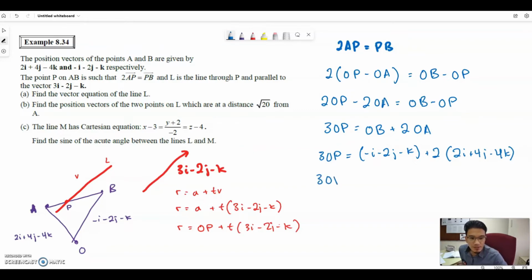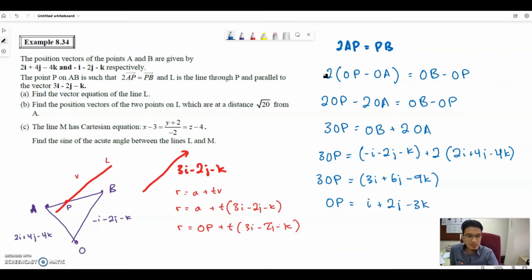So 3OP is equal to 3i plus 6j minus 9k, and then vector OP is i plus 2j minus 3k.